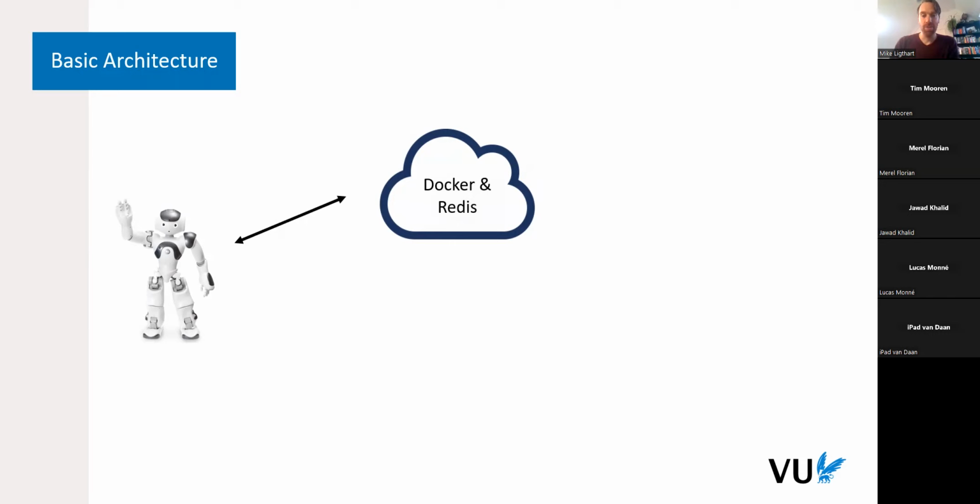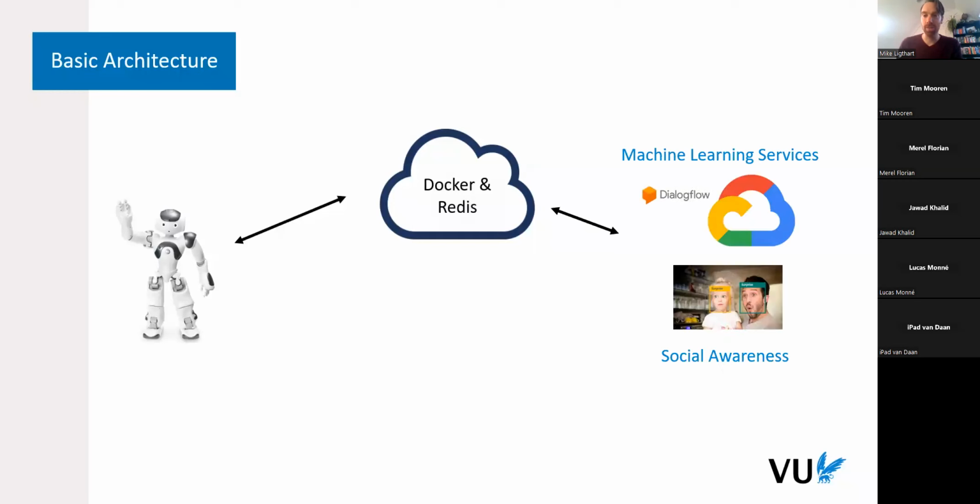And we use Redis, which is essentially an in-memory database system, but it also has a very fast publish-subscribe type messaging system. So that helps us communicate between the robot and the cloud and other components, namely, for example, all kinds of services.